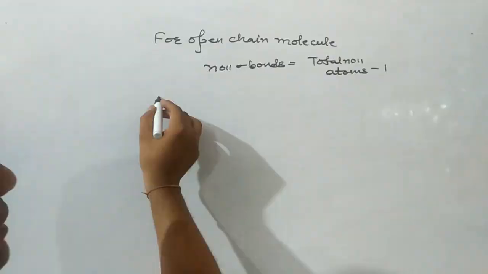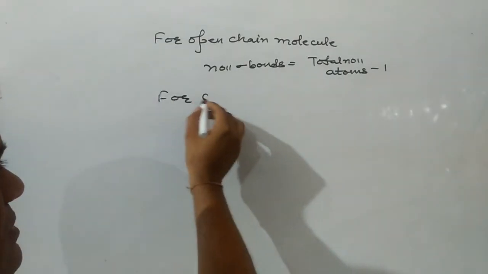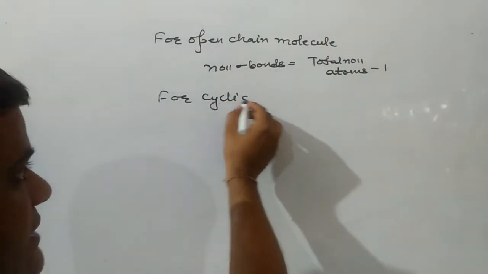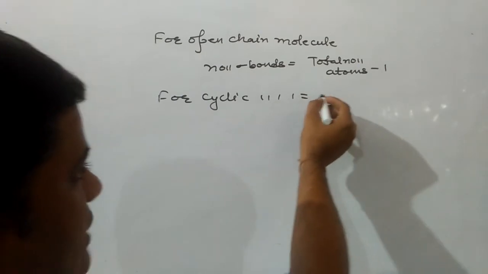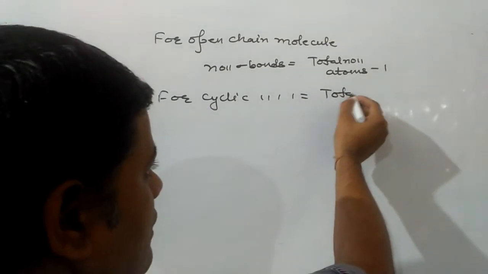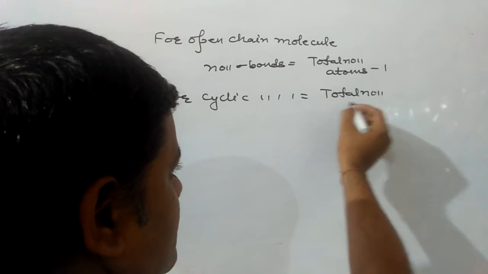And for a cyclic molecule, the number of sigma bonds is equal to the total number of atoms.